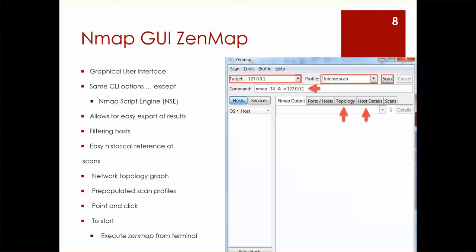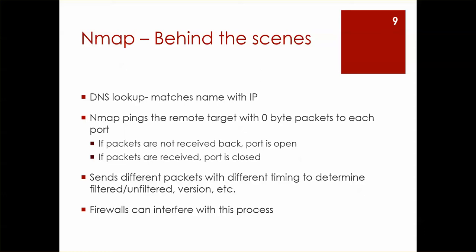What is the topology of the network that we're examining? What is the connection between the systems that we are scanning if we're scanning a range? There are also the host details, operating system, and so on. And then you have the capability to easily export and save scans. Really easy to use and navigate through.